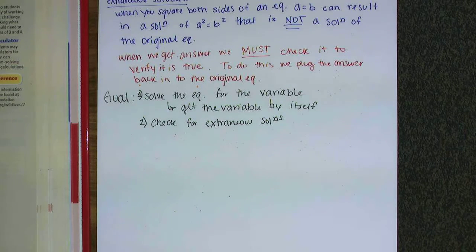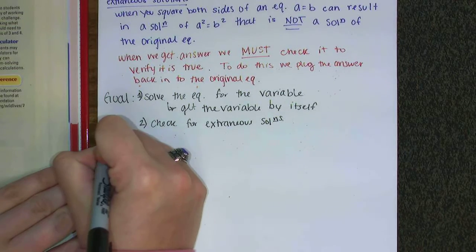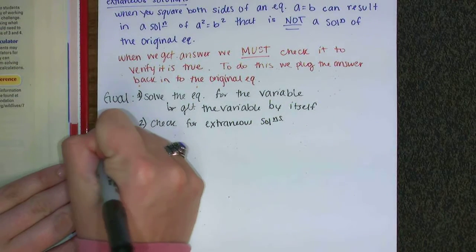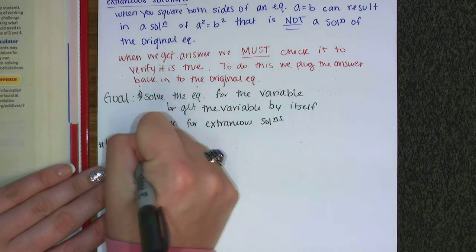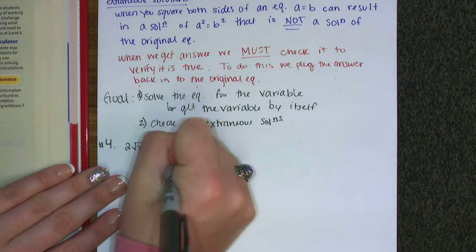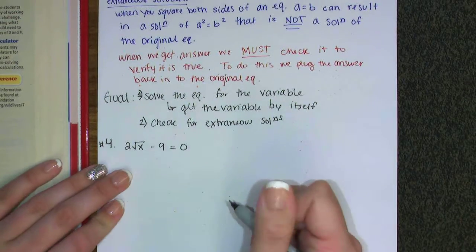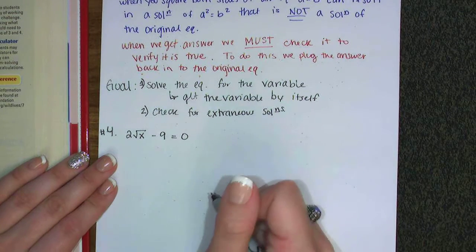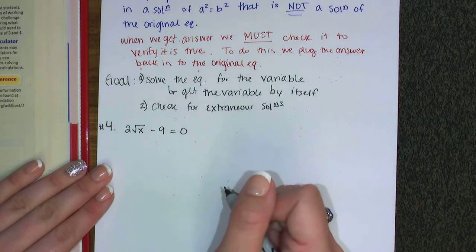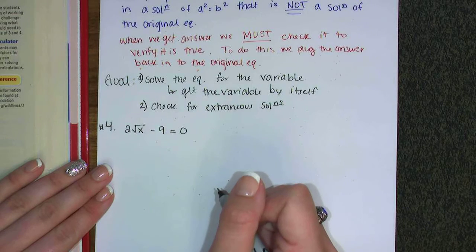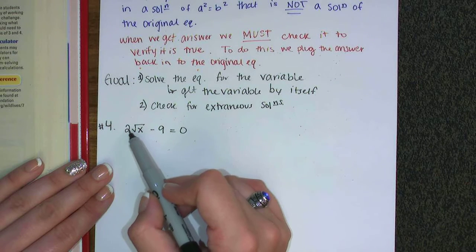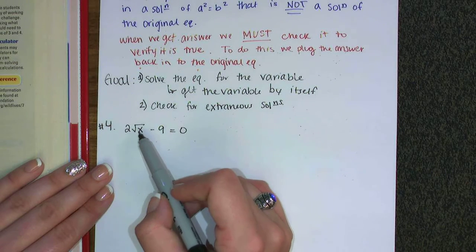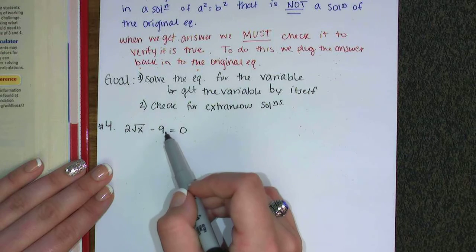Okay, so by that, what we mean is that when we do a problem, we'll start with 4, something easy. We have 2 square root of x minus 9 is equal to 0. So you might remember Mr. Cass's Cassism, undo what's being done to it in reverse order. Okay, so the square root of x is multiplied by 2, then minus 9.